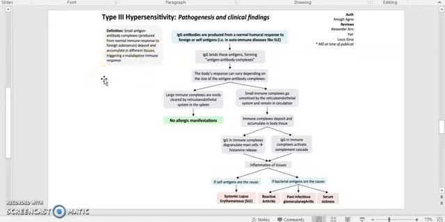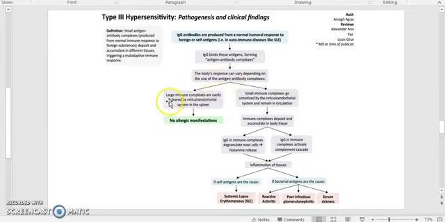So what is the exact mechanism? For example, when IgG antibodies are produced from a normal humoral response to a foreign or self antigen, for example in SLE, which is one example of an autoimmune disease, IgG binds this antigen, forming an antigen antibody complex, and the body response can vary depending upon the size of the complex. So the body shows two types of response.